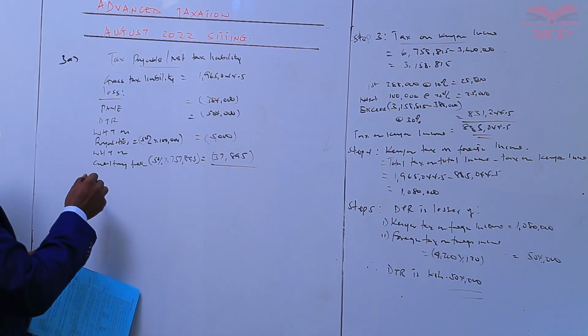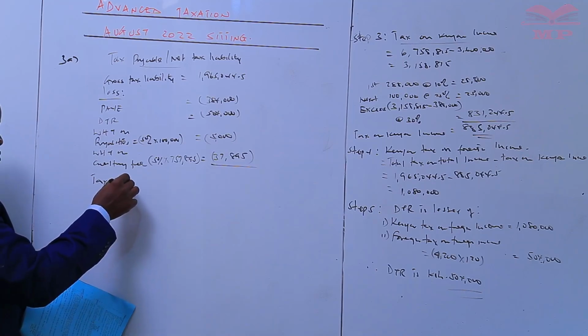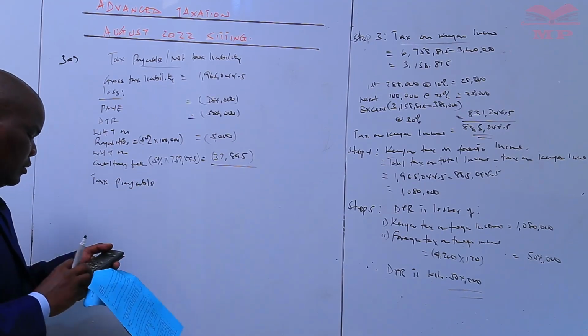Then the last figure becomes the tax payable by this taxpayer. So we do it keenly.